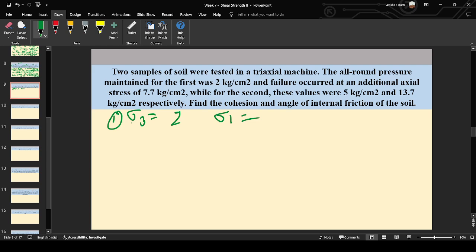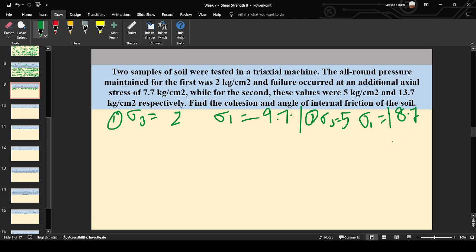So adding both, we'll get sigma 1 equals to 9.7. In the second case, sigma 3 equals to 5, sigma 1 equals to how much? 5 plus 13.7, it will be 18.7.